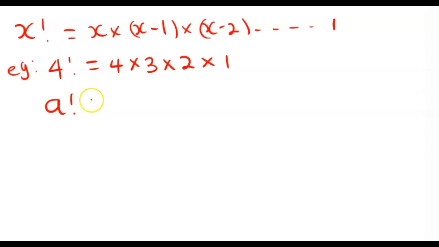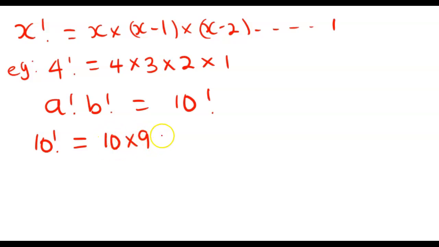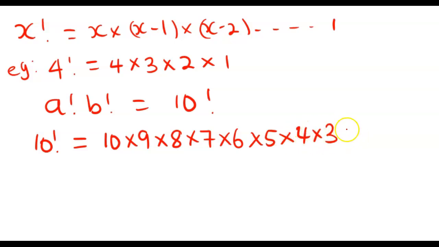Now we have A factorial times B factorial is equal to 10 factorial. So let's first expand the right hand side. So 10 factorial by definition is going to be 10 times 9 times 8 times 7 times 6 times 5 times 4 times 3 times 2 times 1.